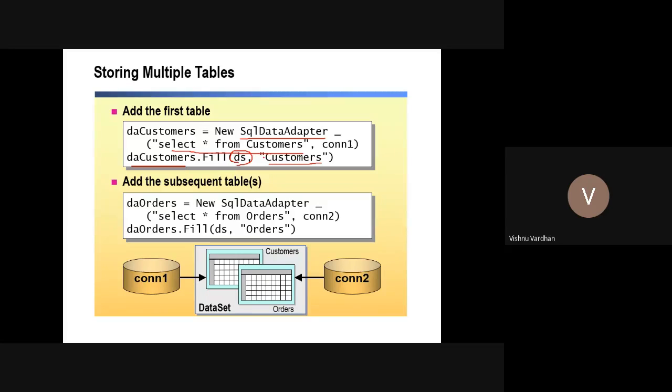The name of the table can be the same. The physical table name is customers, but you can give it another name, so that you are saving the data into some virtual data table. It can be the same name or an alternative name also.